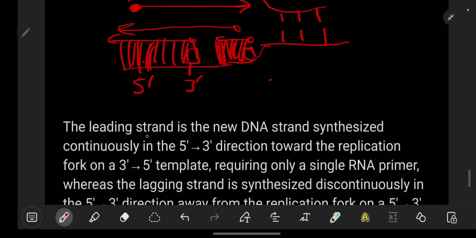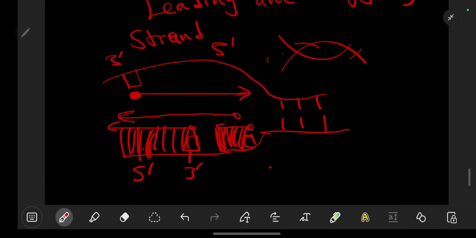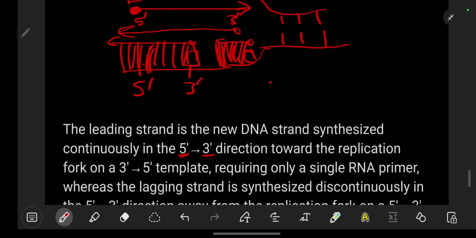So the leading strand is a new DNA strand synthesized continually in the 5' to 3'. So what we mean is that if this is 3', that's how the numbers interchange. This shall be 5', this shall be 3'. So it is the strand synthesized continually in the 5' to 3' direction towards the replication fork on the 3' to 5' template.